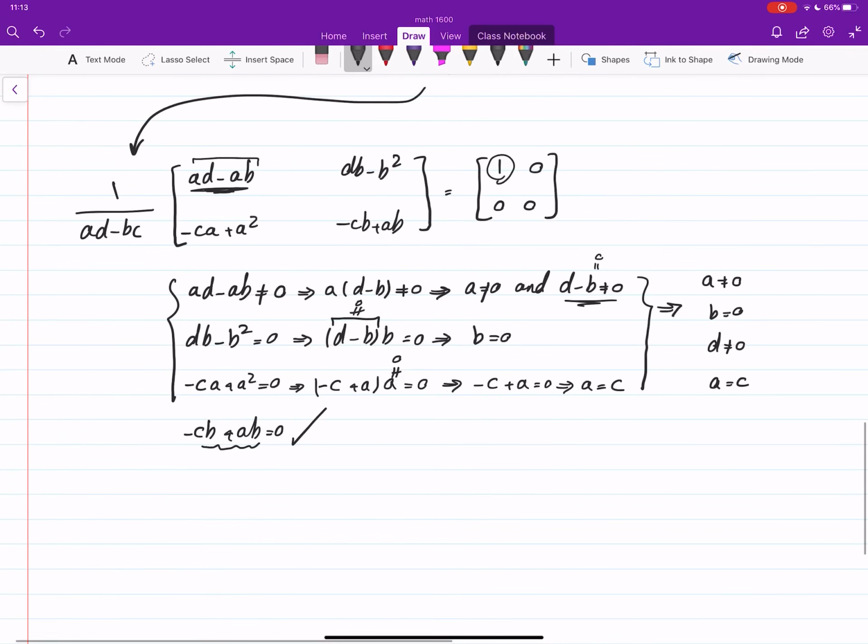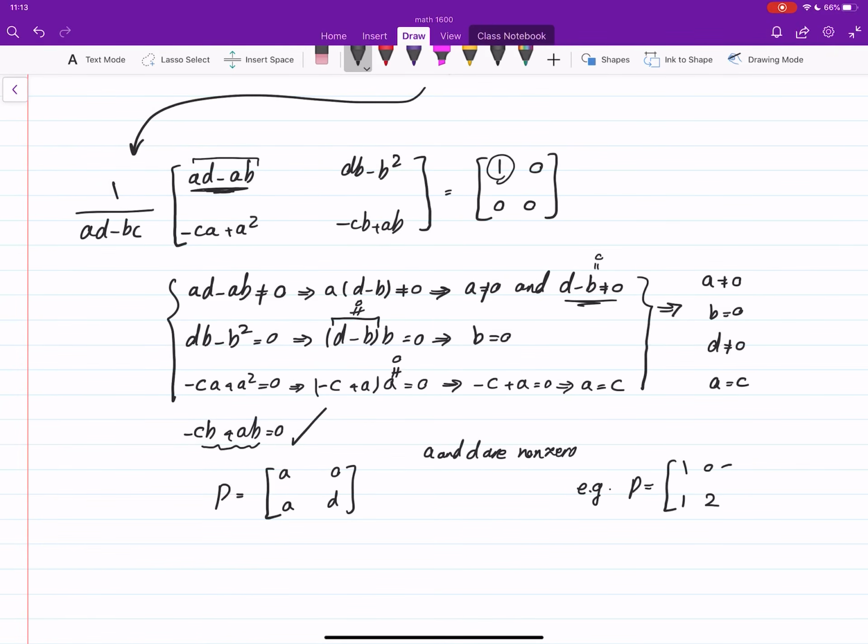It means that if you take P to be any matrix with these kinds of entries, a is any non-zero entry, then 0, c is equal to a, and d is any non-zero entry. So a and d are non-zero. For example, we can take P to be 1, 1, 2, 0.